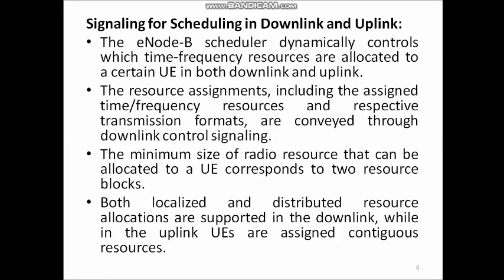So, only localized resource allocation is supported in the uplink, whereas in downlink both localized and distributed resource allocations are supported. In the uplink we are using only localized resource allocation. This allocation is less sensitive to frequency offset and also requires fewer reference symbols.